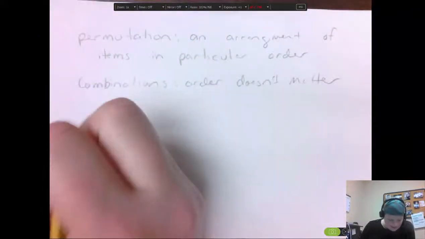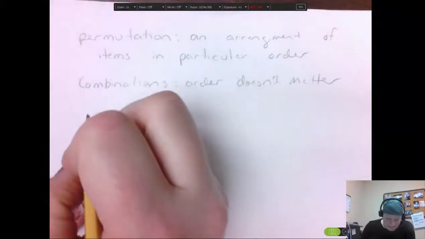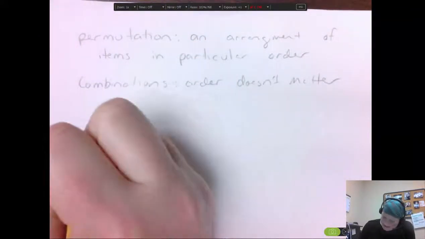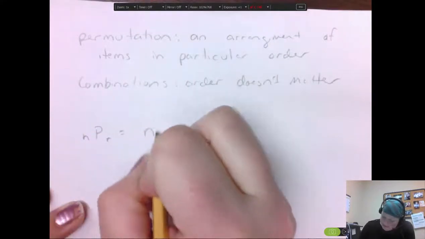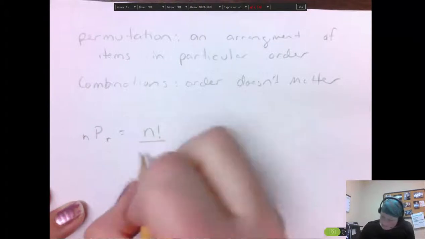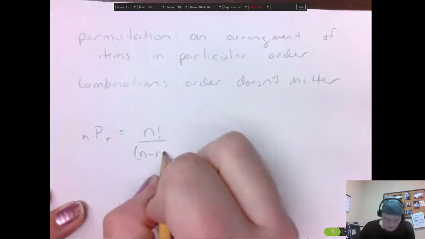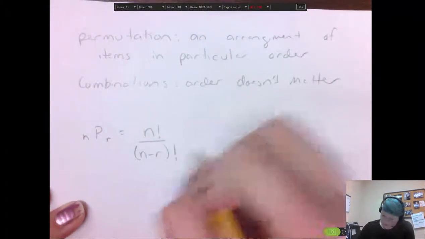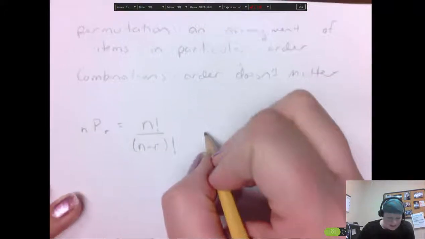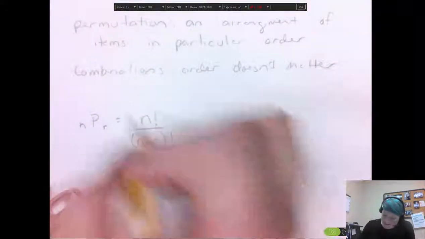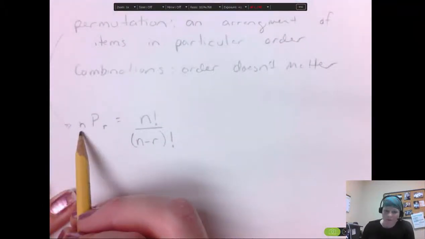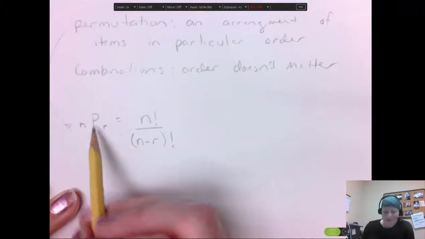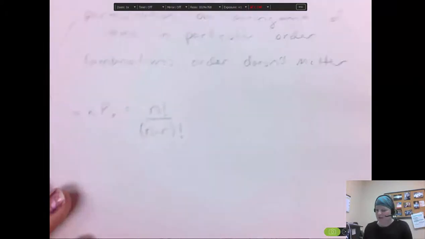So for permutations, this formula looks like this: nPr equals n factorial over (n minus r) factorial, which I better explain, a factorial. N is going to be the total set, and r is going to be the number of items that you choose from that set.